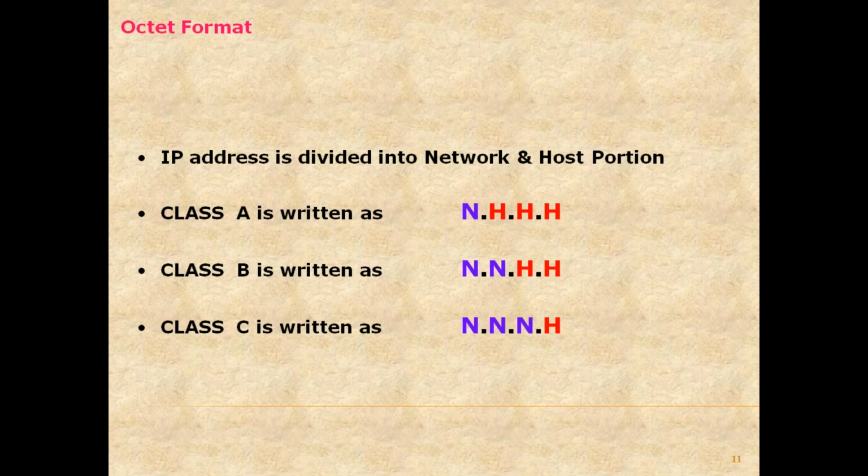So the network is acting as an area, and the host is acting as one of the IP addresses. A host IP address can be on a computer, server, router, switch, firewall, anything. But on all these devices, the network portion should be the same. For example, if I take from class A, if I take the network portion as 25, this 25 should be the same in all the devices, and the host portion should be different in all the devices.